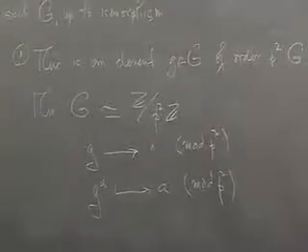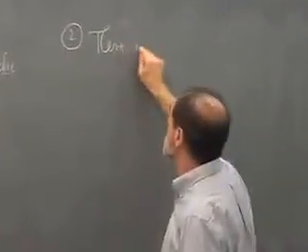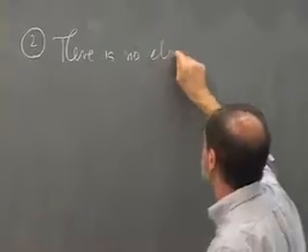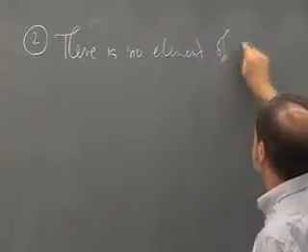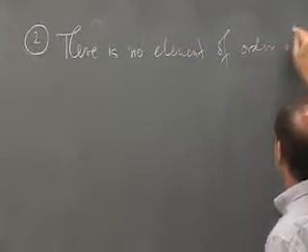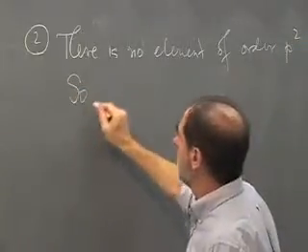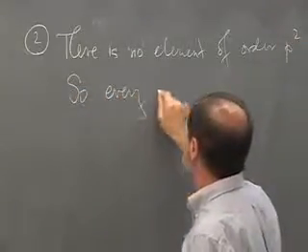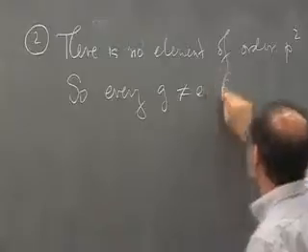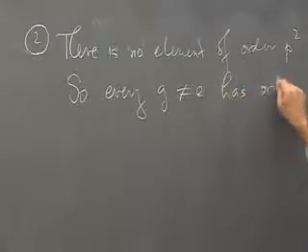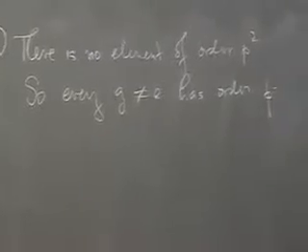And the second possibility is there is no element of order p squared. So every g not equal to the identity has order p. Correct?